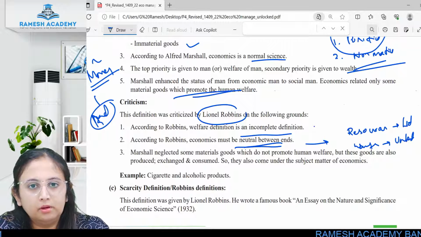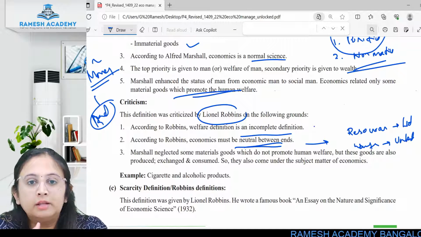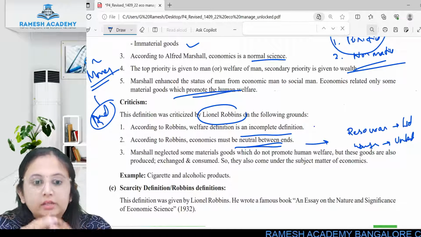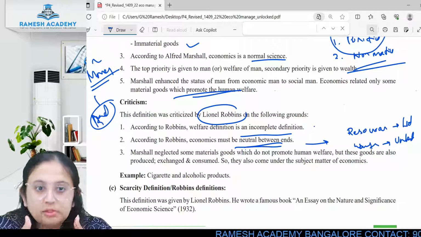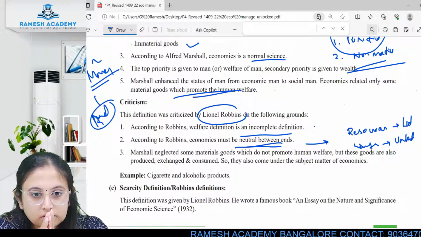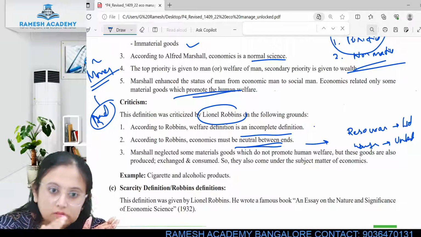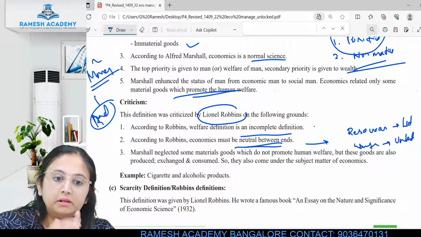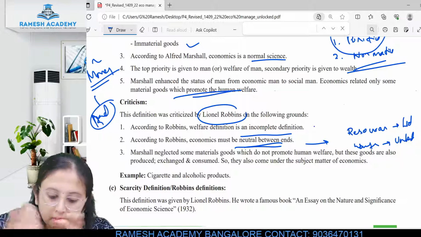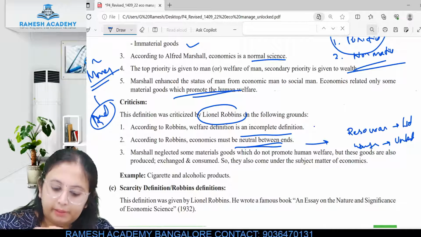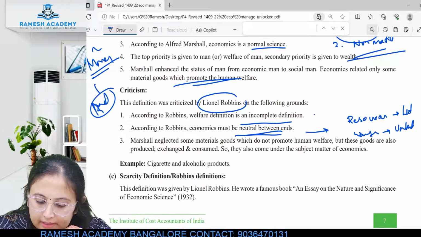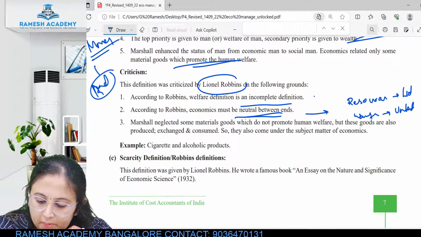But that is not the case here. As the resources are limited, economics should also talk about unlimited wants and limited resources, but no such definition talks about that. So Robbins said this is incomplete.